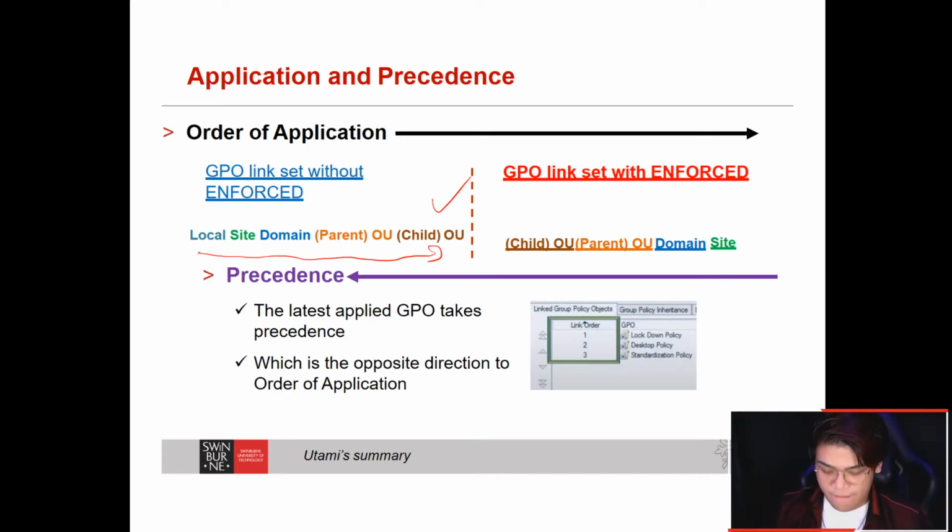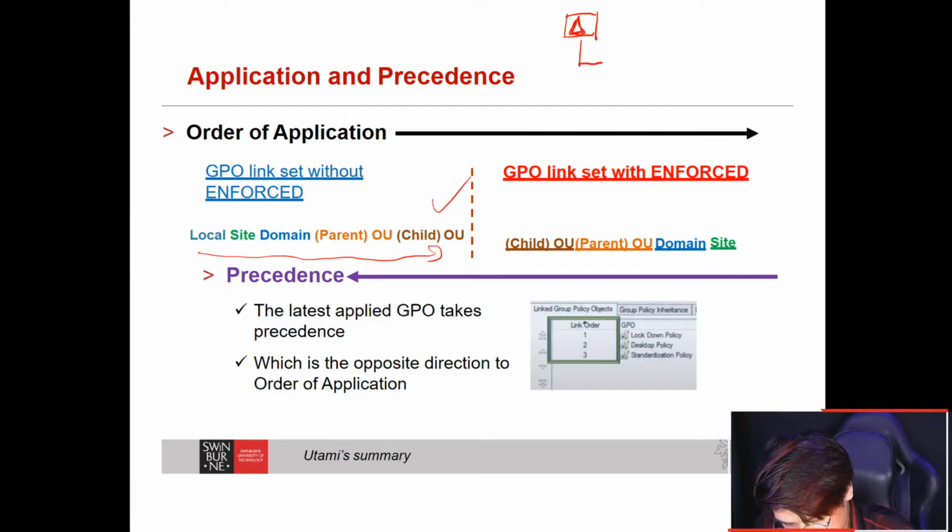Okay, what if the GPO link has the enforce option? Actually, the example is too complicated, so I'm just going to draw it over here. You have a domain over here, and then an OU, and then two child OUs.